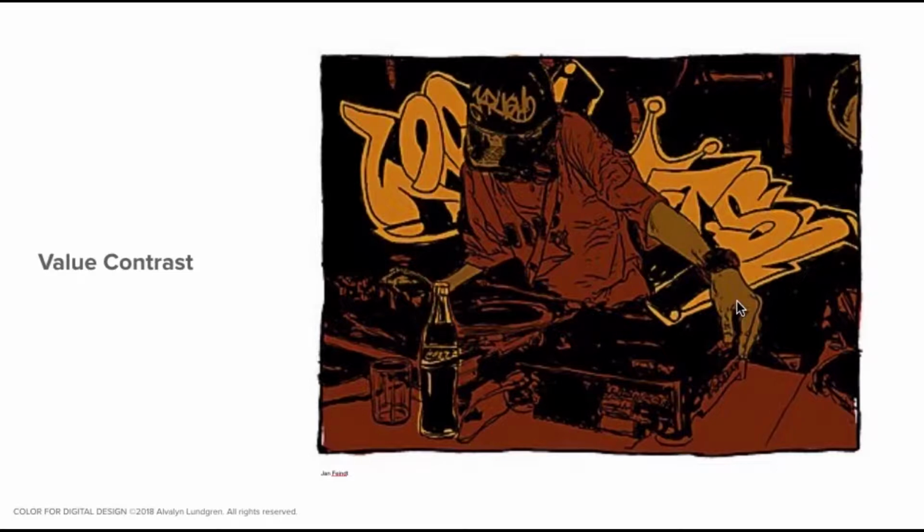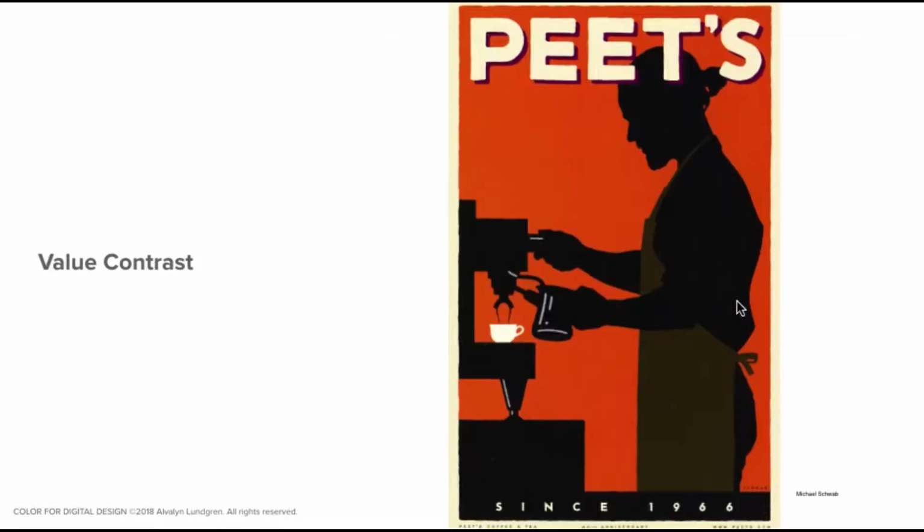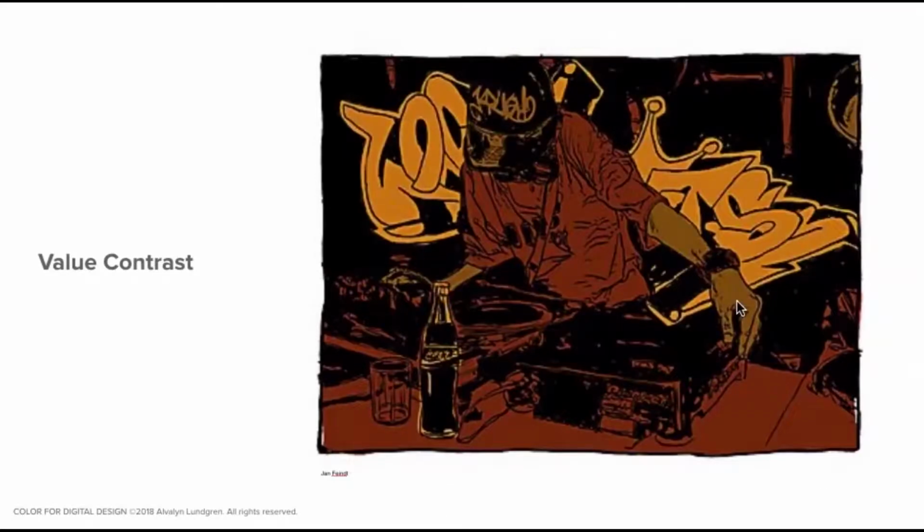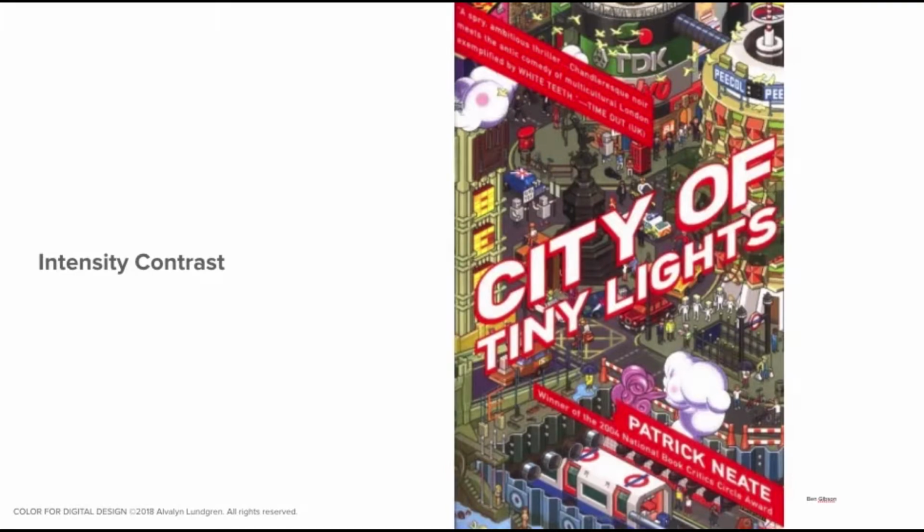So the value contrast in this illustration compared to this one is very different. And that value contrast difference creates a different understanding of how legible things are, but also it creates a different mood in each image.